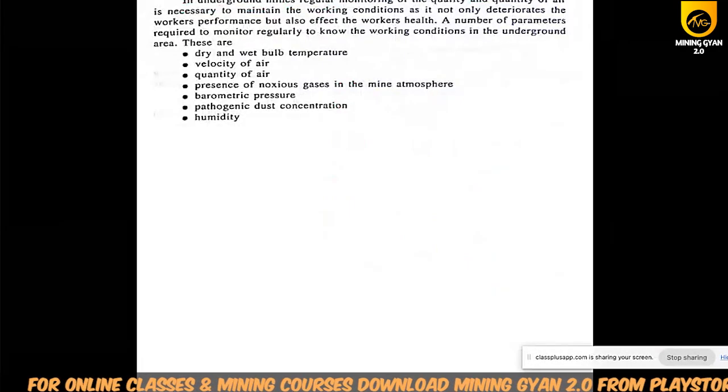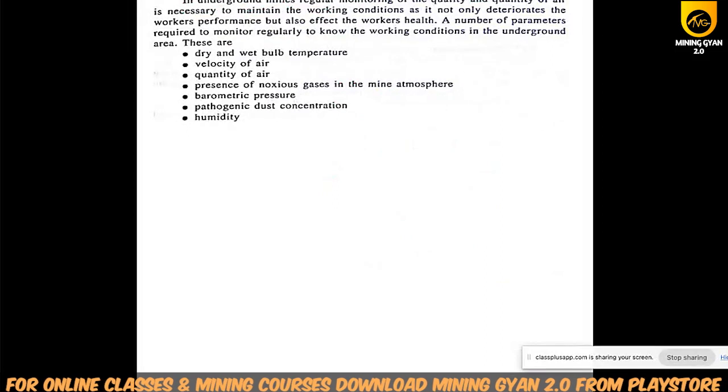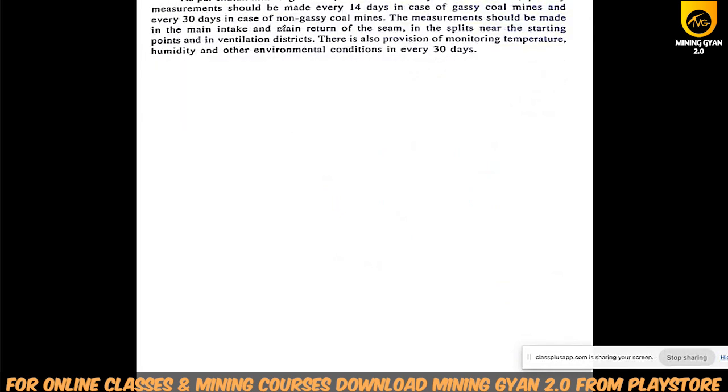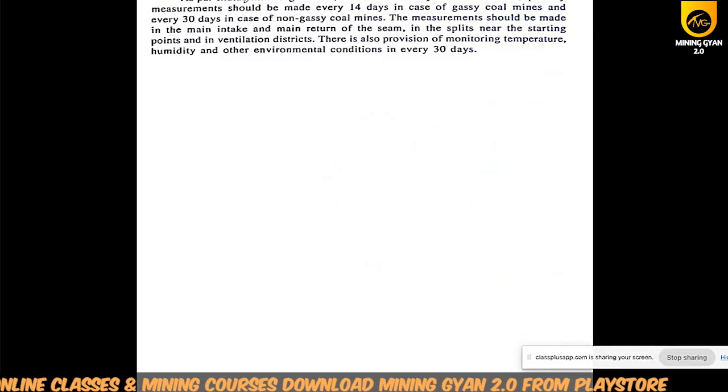Ventilation survey: why do we do it? Because ventilation is very important in underground mines, and if good ventilation occurs, your workers can work efficiently. You will read a lot about the ventilation survey in the theory section. So I will give you what the Indian Mines Regulations say.